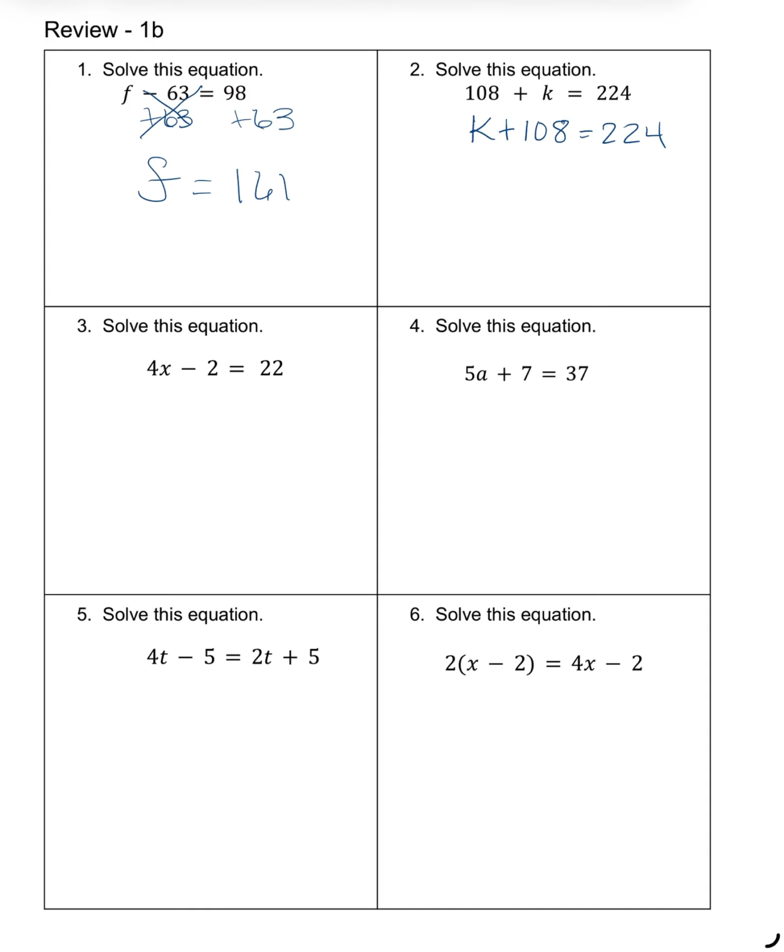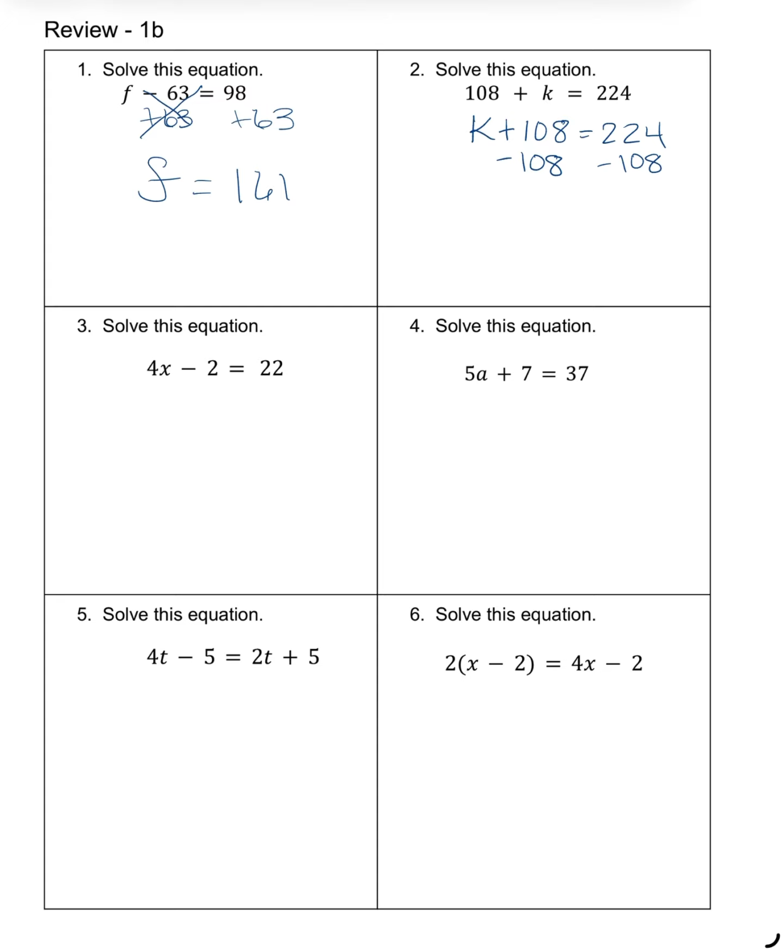So now we can see we are adding 108 to k. To cancel that out, we need to do the opposite of adding 108, which is subtracting 108. So that's our cancel out. But remember, we need to do our balance also, which means on the other side of the equal sign, we are subtracting 108 as well.